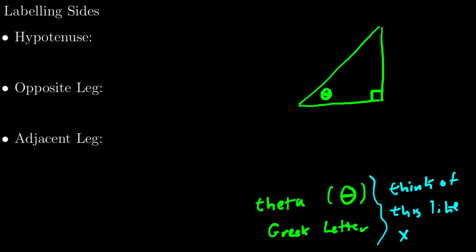Okay, now labeling these sides. I have three sides. The first one I'll talk about is the hypotenuse. This is the longest side. It is also the side that is opposite the right angle.